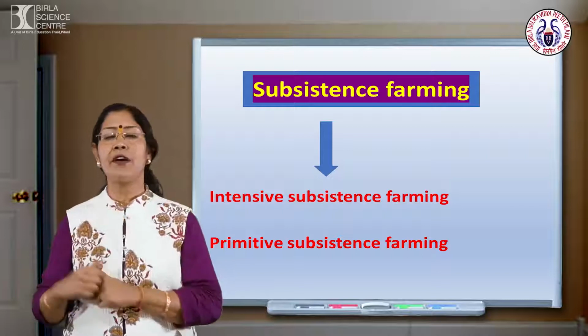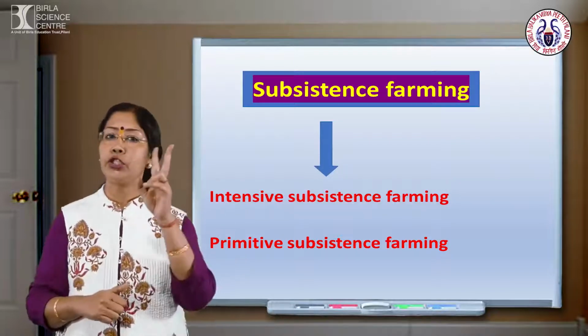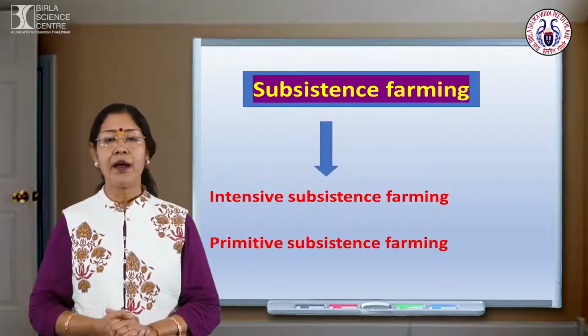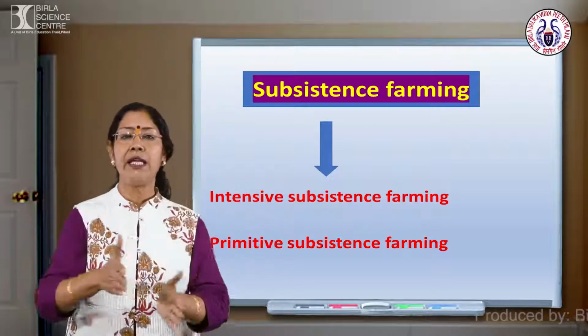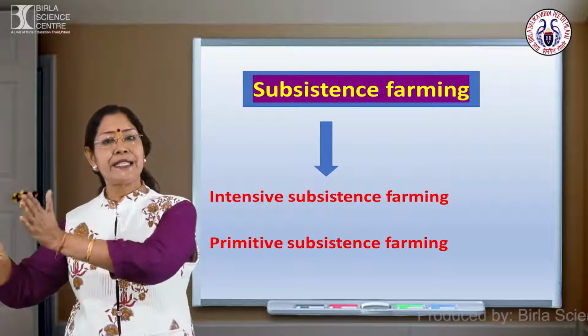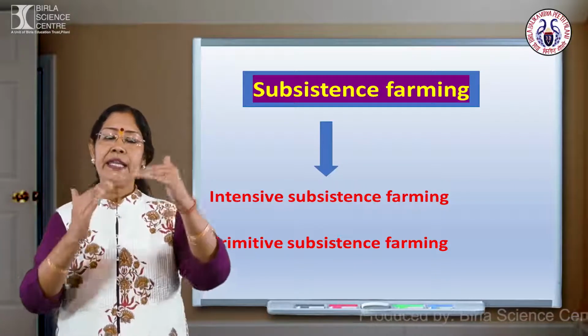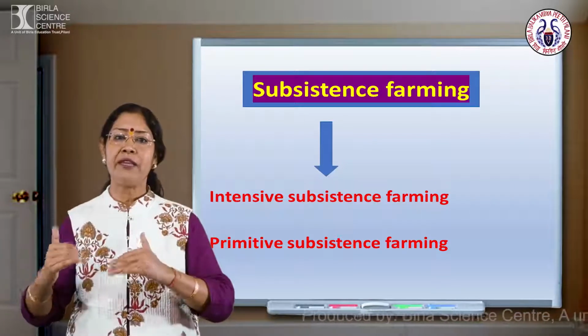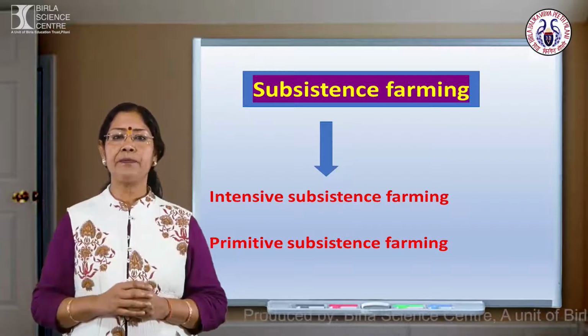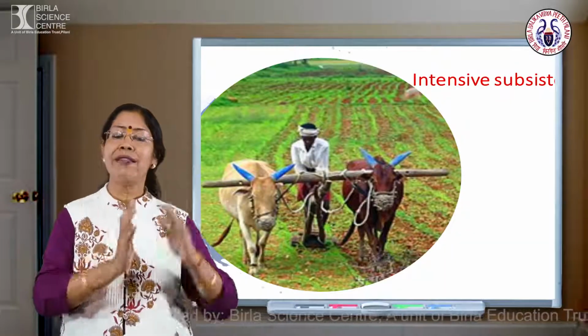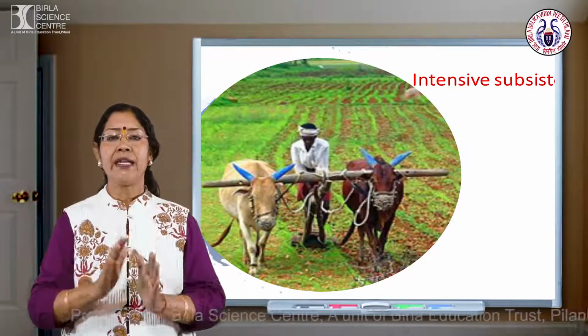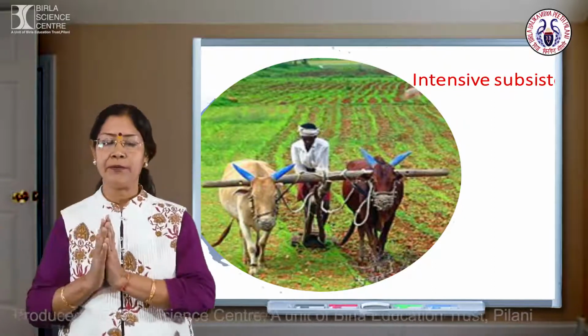This subsistence farming is further classified into two types. They are intensive subsistence farming and primitive subsistence farming. Intensive subsistence farming: here the cultivators cultivate a small plot of land with simple tools and household labor.